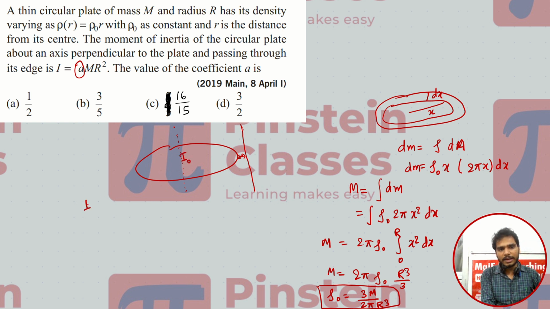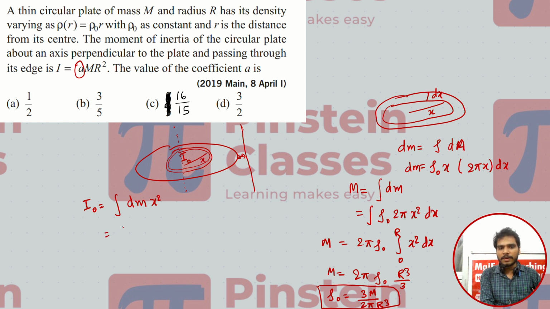So I naught will be nothing but the integration of dm times x square, because this is the elementary length, which has radius x and width dx.